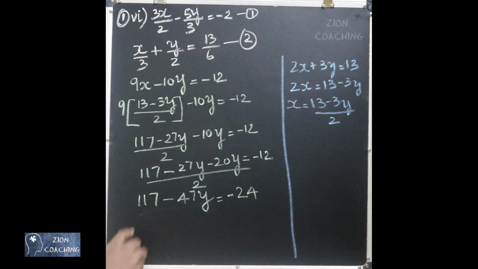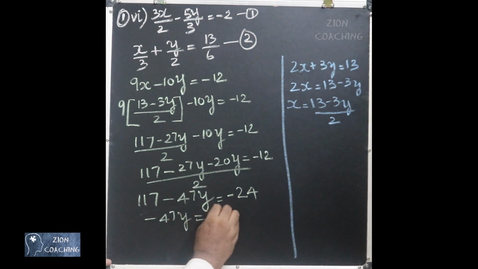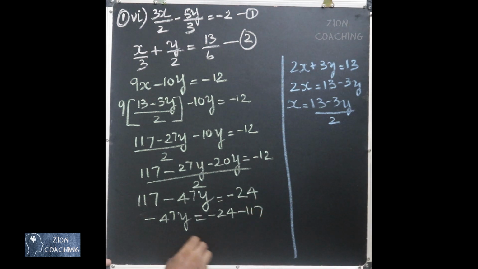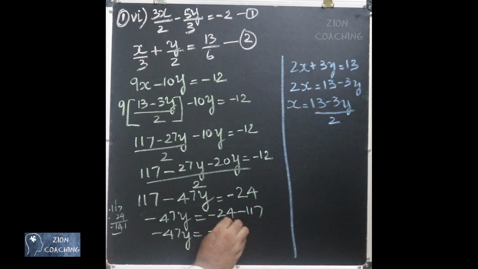Now take this 117 to the other side, so we will have minus 47y equal to minus 24 minus 117, that is minus 47y equal to minus 141.